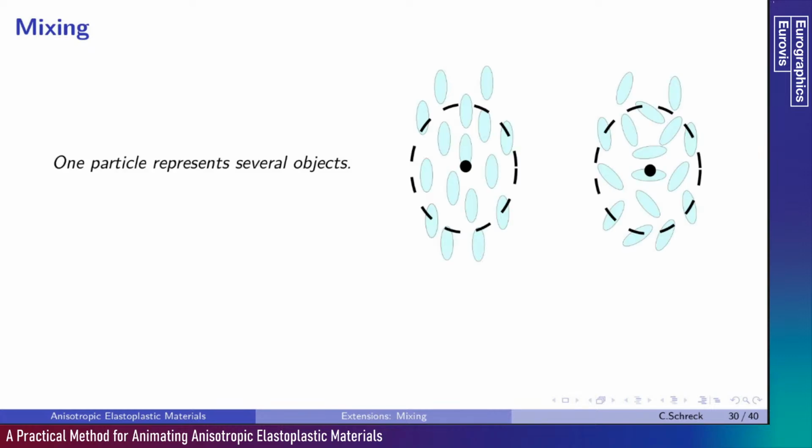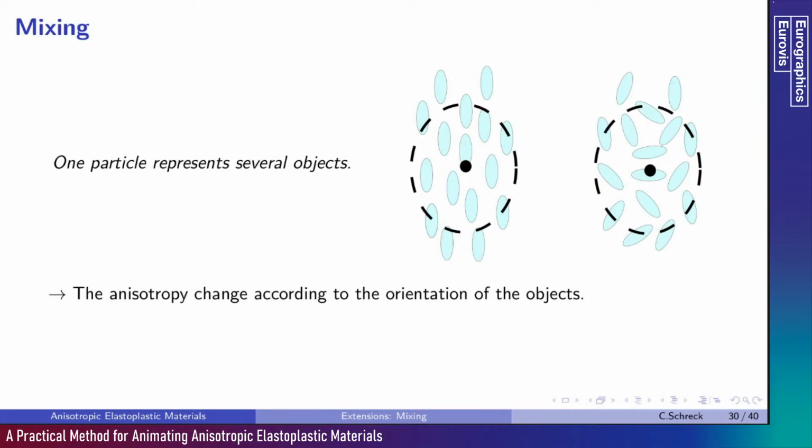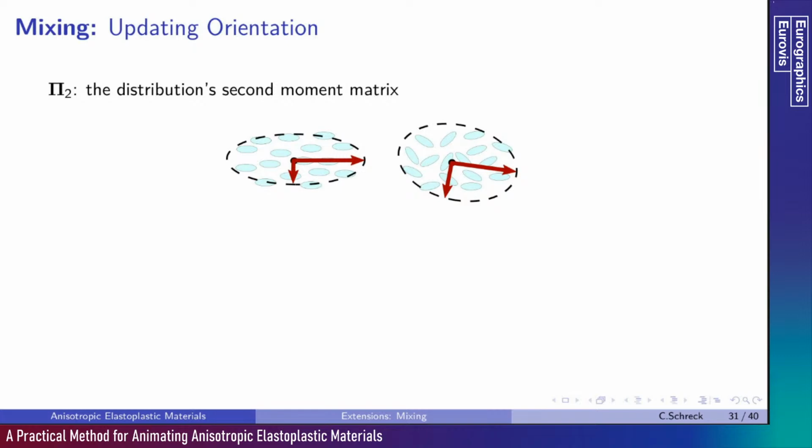So one particle usually represents several grains, and the anisotropy of the material is going to depend on the orientation of the grains. As these orientations change over time, so should the anisotropy, which means that the mapping tensors should be updated. So we represent the general orientation of the objects for one particle with a matrix π2, which is the second moment matrix of the distribution of the orientations.